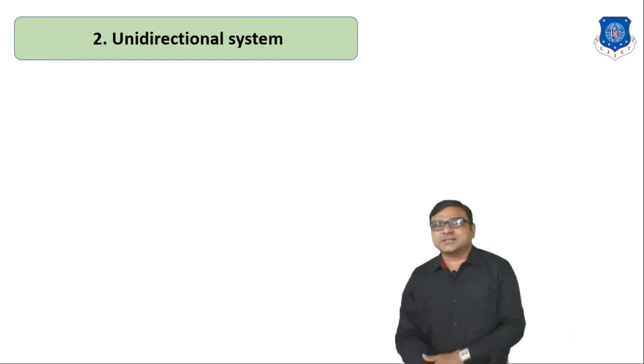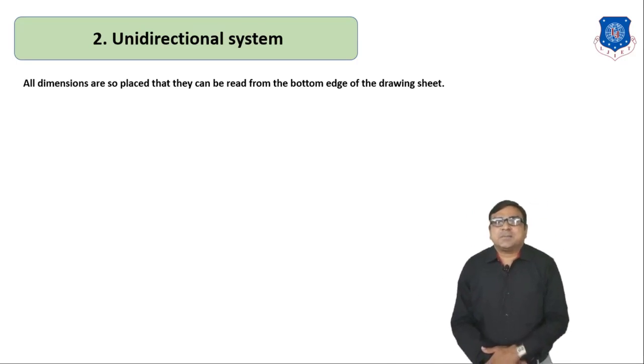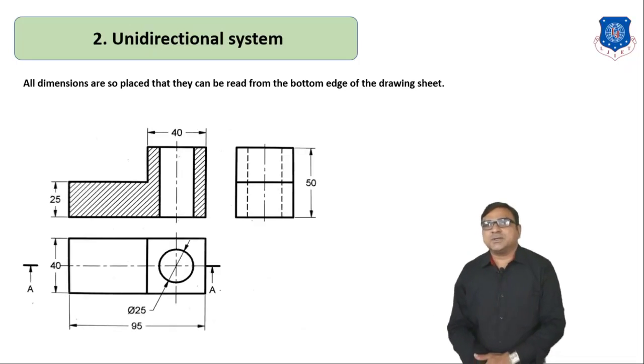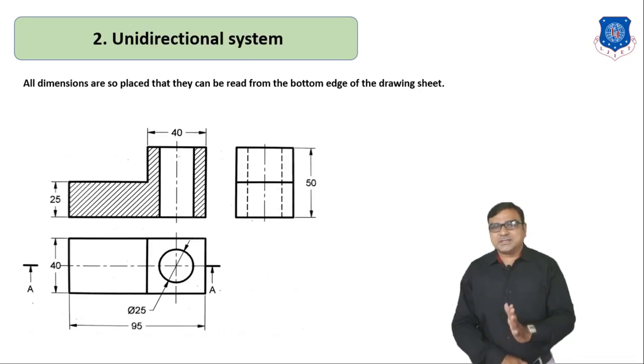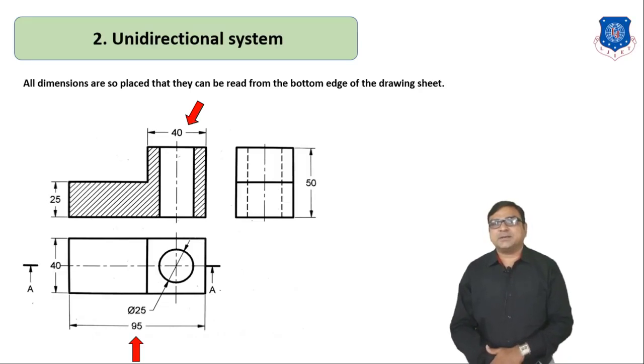So, the unidirectional system. In this dimensioning system, all the dimensions are placed so that they can be read from the bottom edge of the drawing sheet. In the same drawing, the lengths 95 mm and 40 mm are placed in the middle of the dimension lines, and they are always vertical.